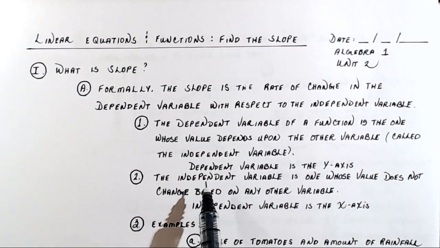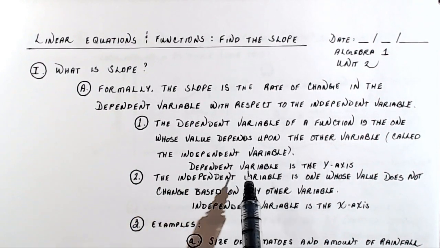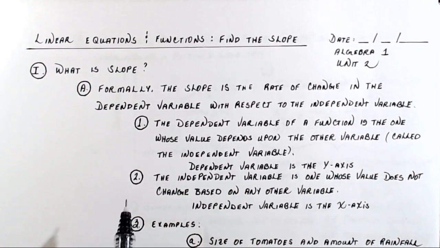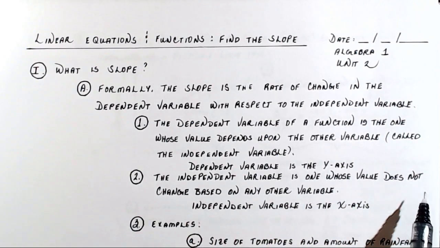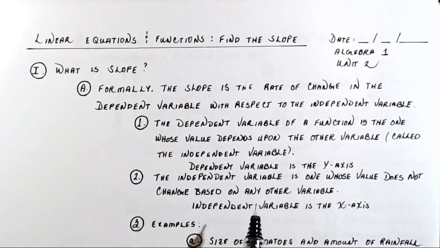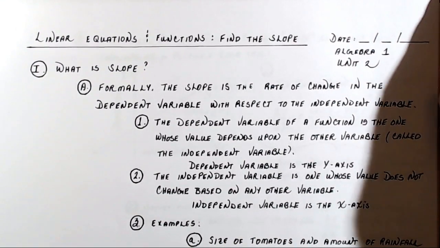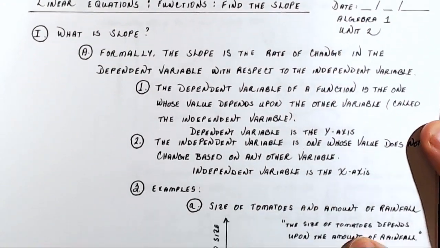And here we've noticed that the dependent variable is the y-axis. Subpoint 2. The independent variable is the one whose value does not change based on any other variable. And here we've noted the independent variable is the x-axis. Now we move on to examples.